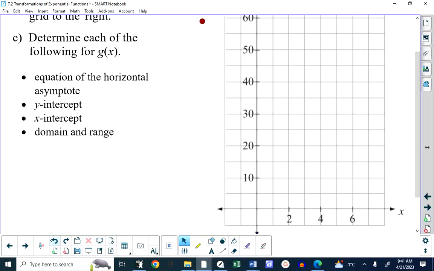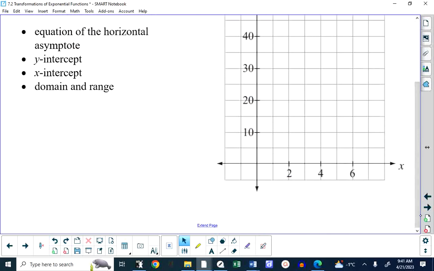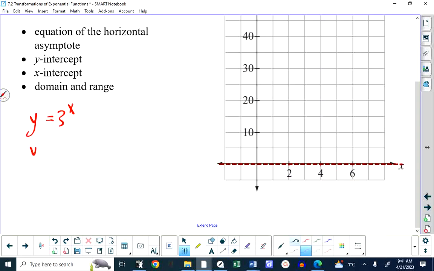And I'll ask the question. 3 to the x will have a horizontal asymptote on the x-axis because y equals 3 to the x matches y equals c to the x, and we know that's the case.